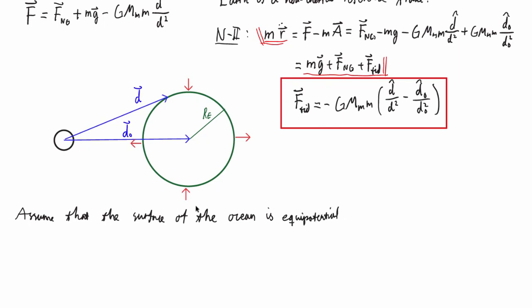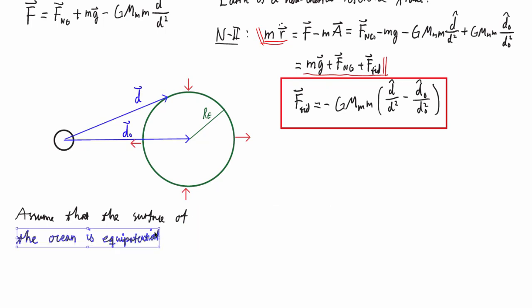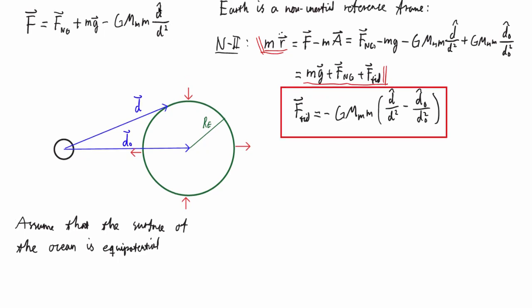The assumption we're making is that the surface of the ocean is equipotential. In other words, if we can associate a potential energy with the total force that's acting on the water parcel here, then that's going to have a constant value across the surface of the entire ocean. This is true as long as there's no flow in the water.